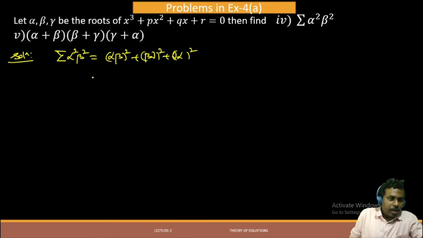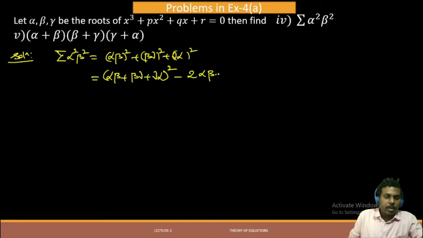Now if I apply that identity, just now we have seen, a square plus b square plus c square is equal to a plus b plus c, that is alpha beta plus beta gamma plus gamma alpha, this whole square, minus 2 into ab, that is alpha beta into beta gamma, minus 2 into bc, that is beta gamma into gamma alpha, minus 2 into gamma alpha into alpha beta.